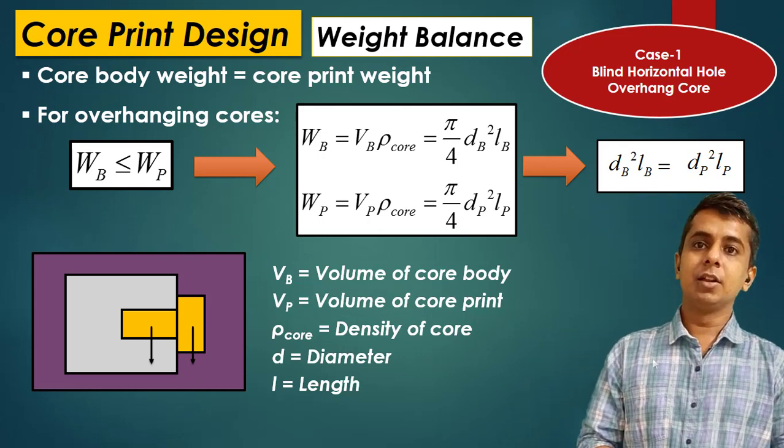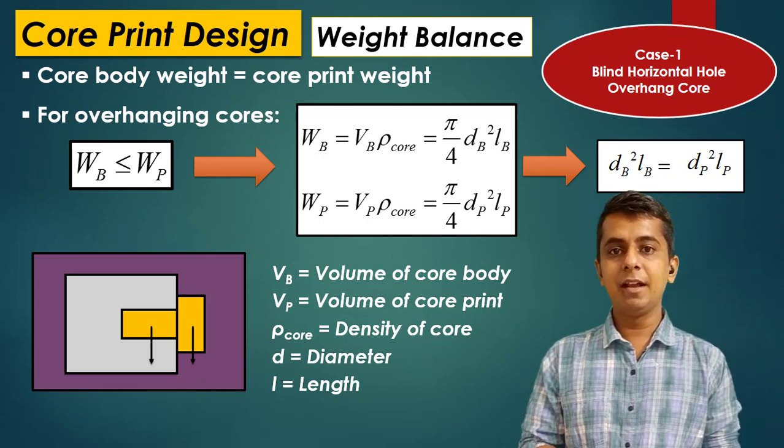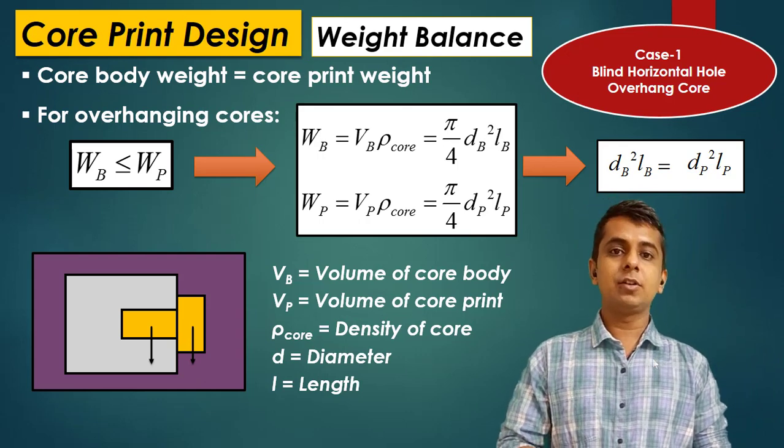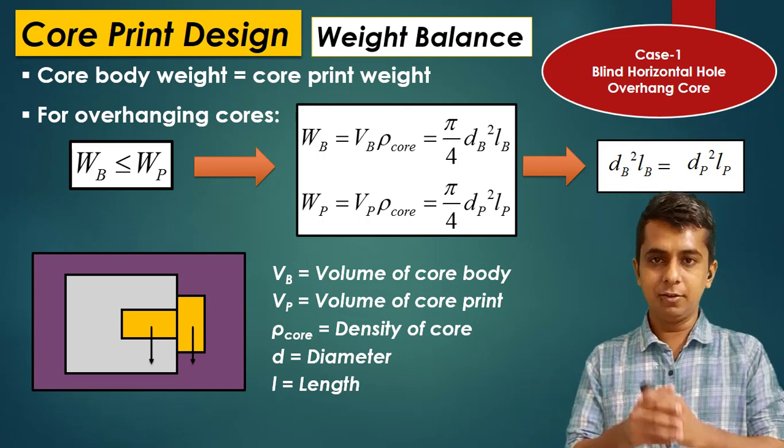And here rho core indicates the density of sand used to create the core and core print.